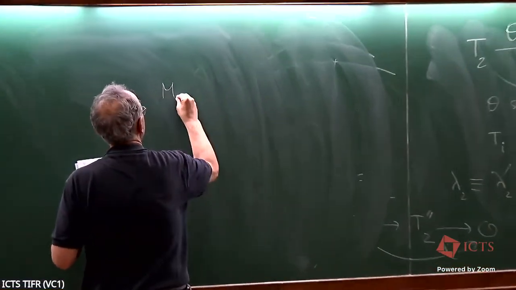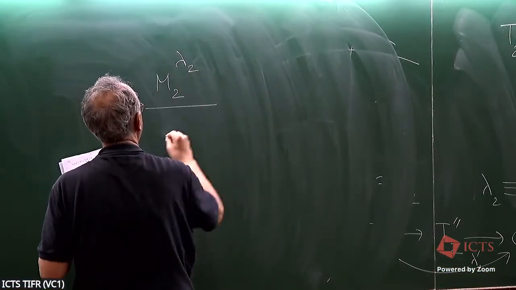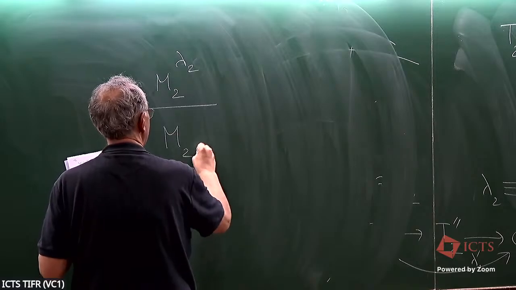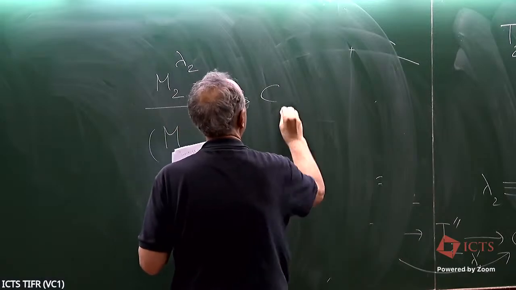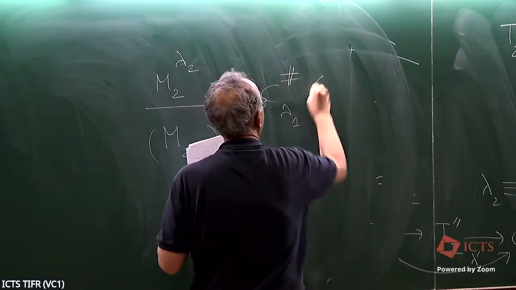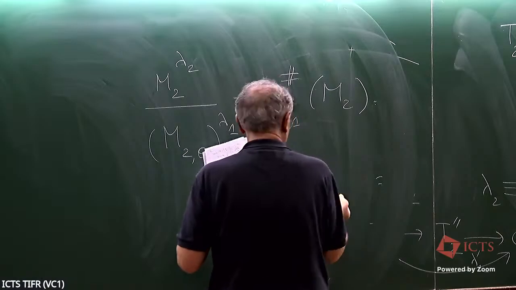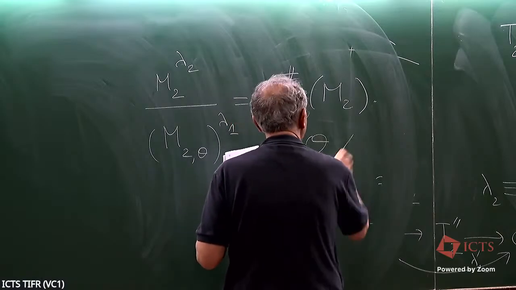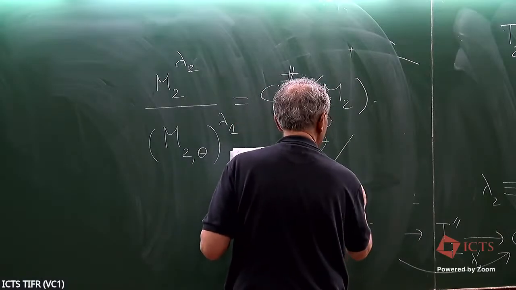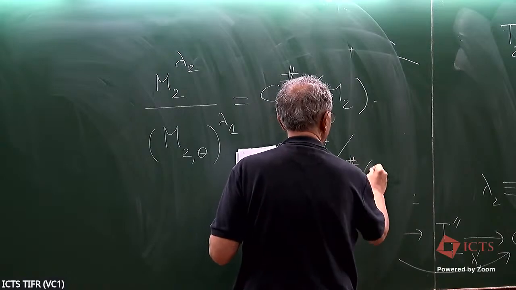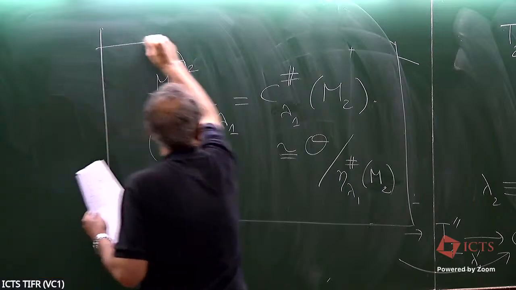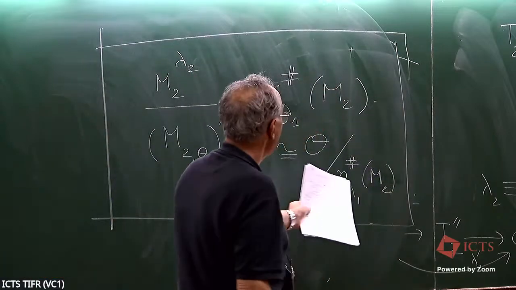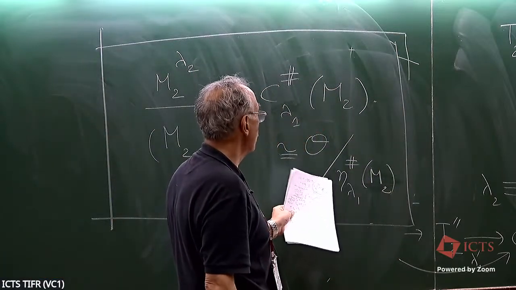So the definition: M2 lambda 2 over M2 theta lambda 1 is C lambda 1 sharp of M2, and it is isomorphic to O modulo something which we denote by eta lambda 1 sharp of M2. So that's the definition of the M2 relative congruence number.